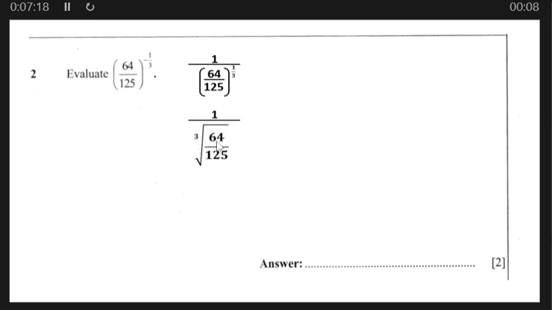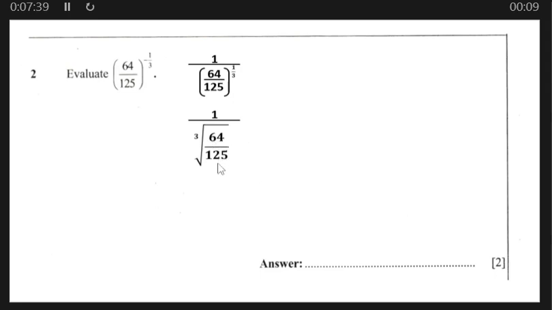So the cube root of 64 over 125. So what is a cube root of 64? A cube root is a number that can be multiplied by itself 3 times for us to obtain 64.